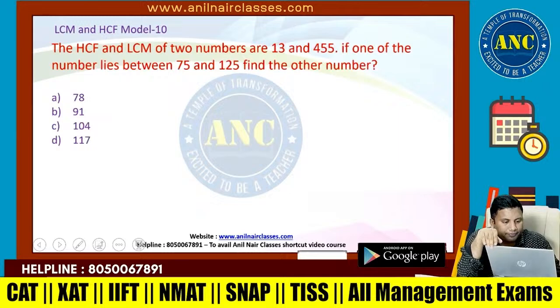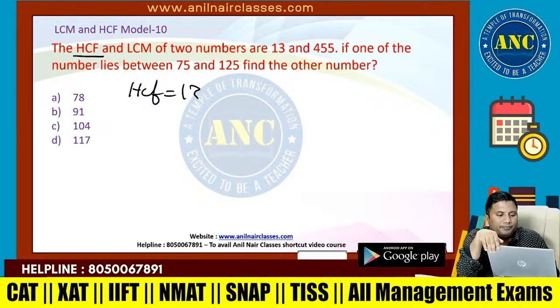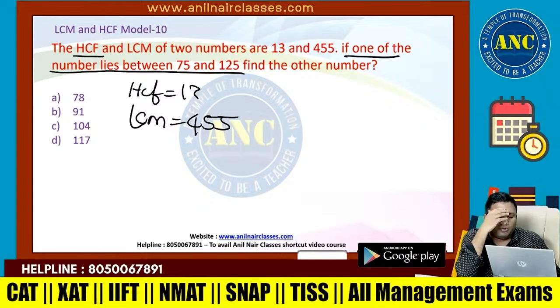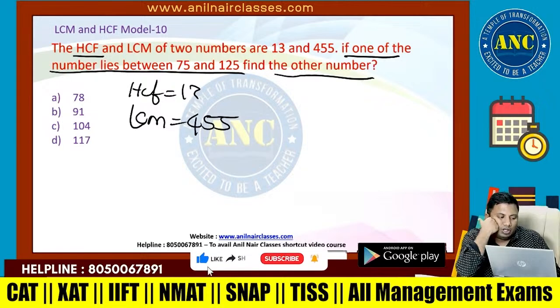Next one. HCF is nothing but 13. LCM is nothing but 455. If one of the numbers lies between 75 and 125, find the other number.